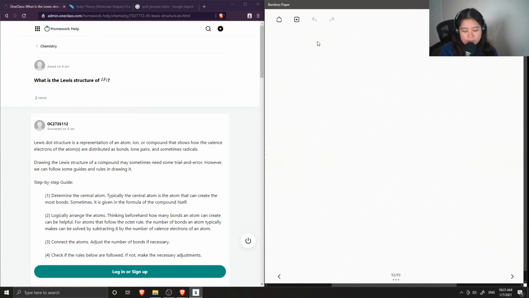Okay, so question number 6. What is the Lewis structure of iodine trifluoride? So first let's find the total valence electrons in the structure.